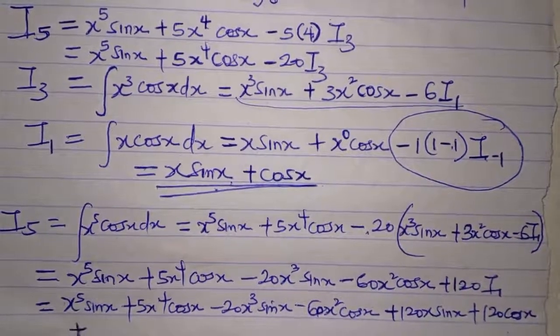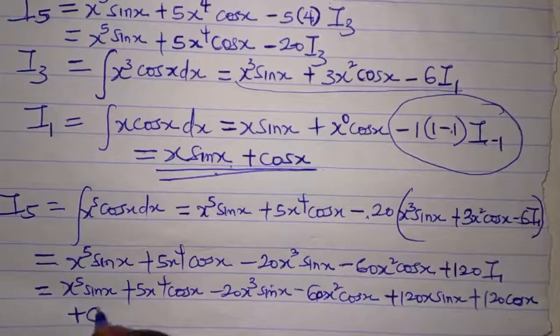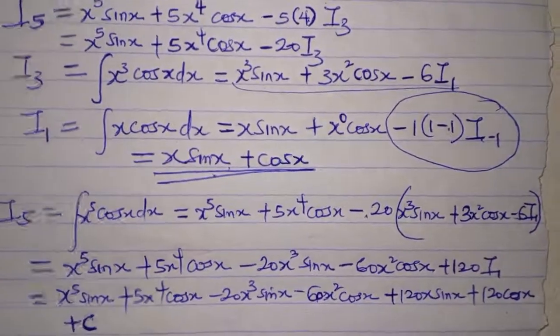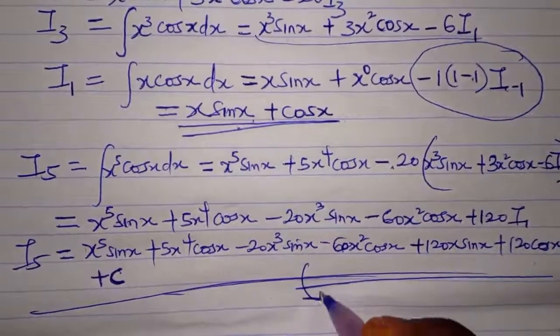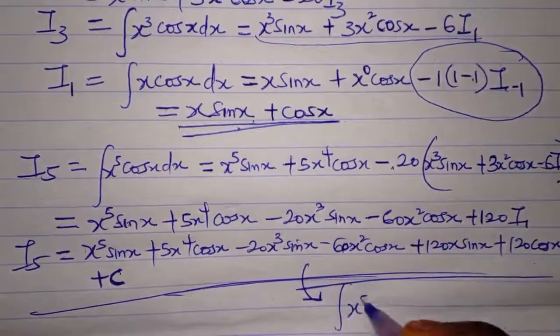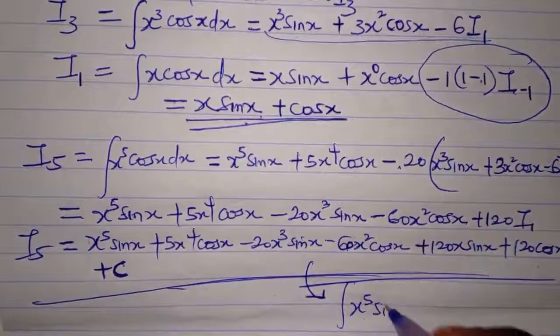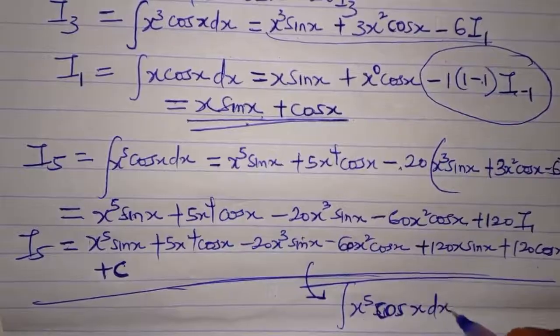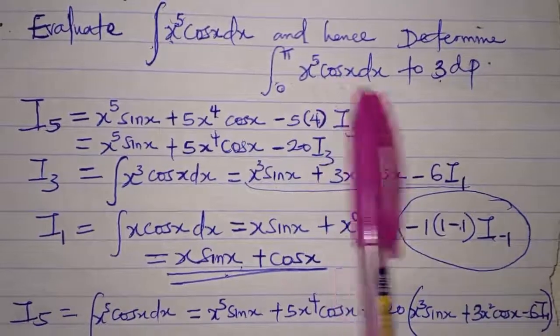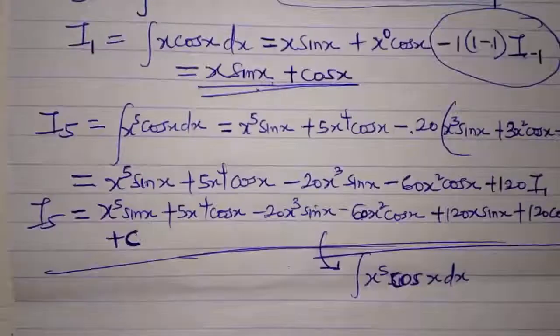And we add a constant of integration, that's c. So this is it, I5. This is the integral of x to the 5th cos x dx. We have to determine this to 3 decimal places.